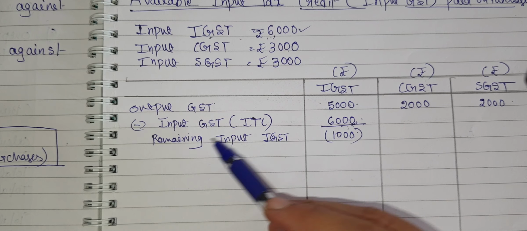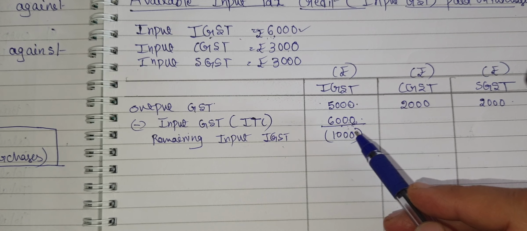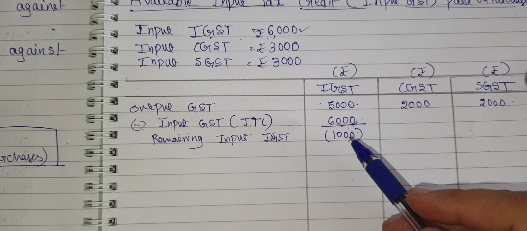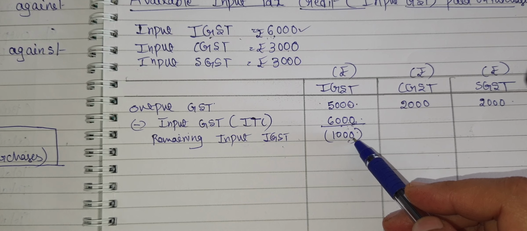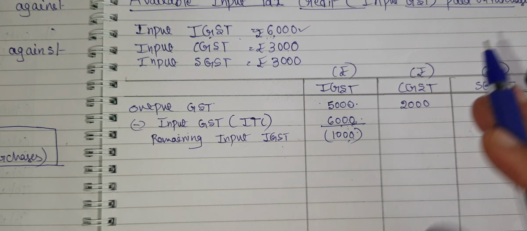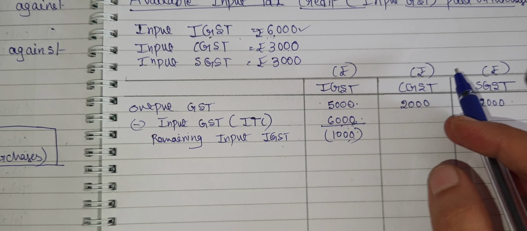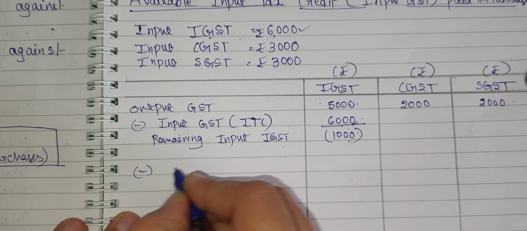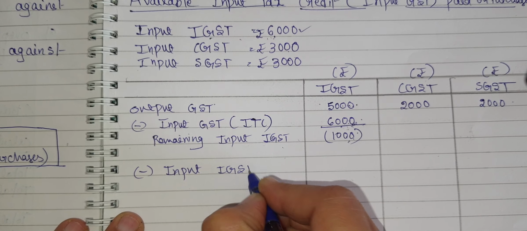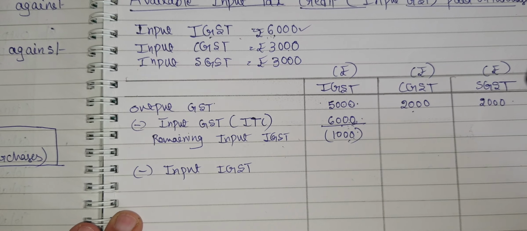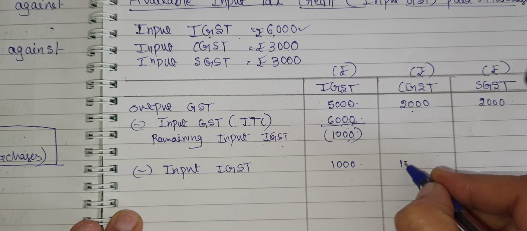So our remaining input IGST is rupees 1000, and this input tax credit we can utilize against CGST and SGST. Fine. Now we will utilize this remaining input IGST against CGST. Here 1000 and 1000.